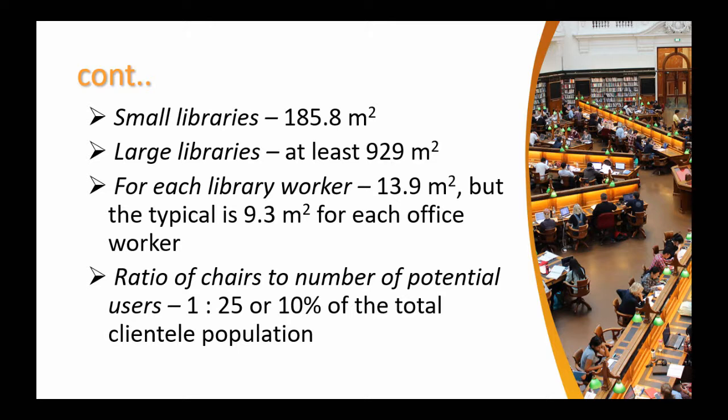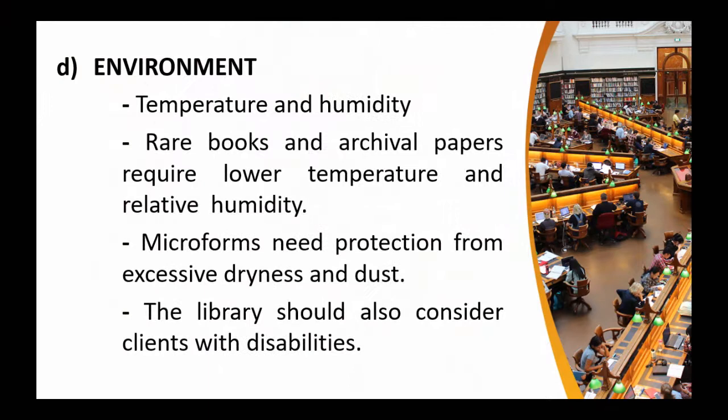Since there is library staff inside the library, they should also have their own working area or office. The space is 13.9 meters squared, but typically 9.3 meters squared for each office worker. 9.3 lang.